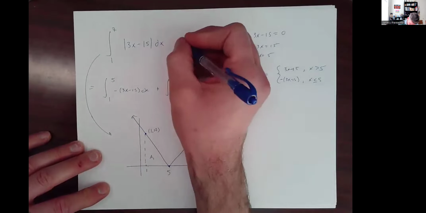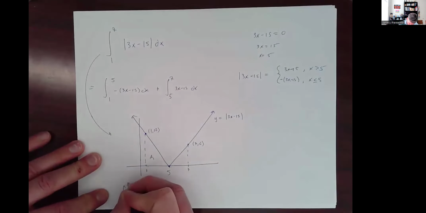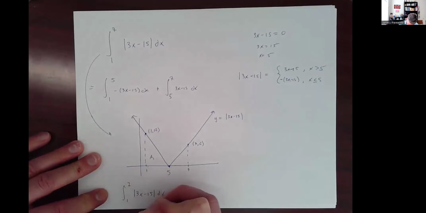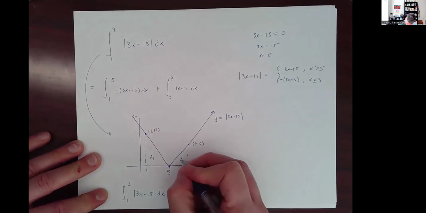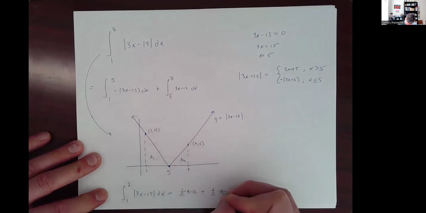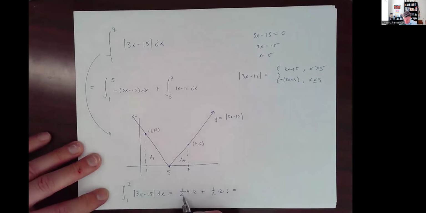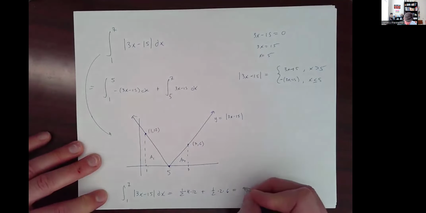So this integral here is going to equal 1/2 the base of this triangle times the height, plus, same deal over here, 1/2 times the base of that triangle, which is 2, times the height, which is 6. That's going to be 1/2 times 4 is 2, 2 times 12 is 24.